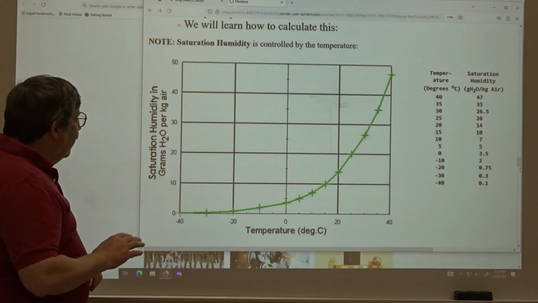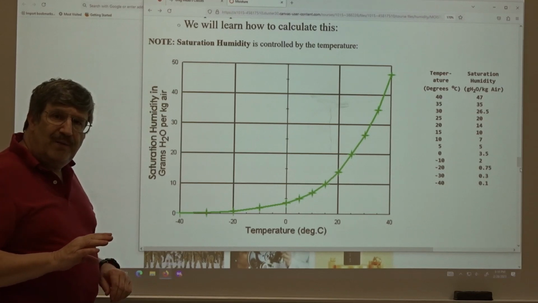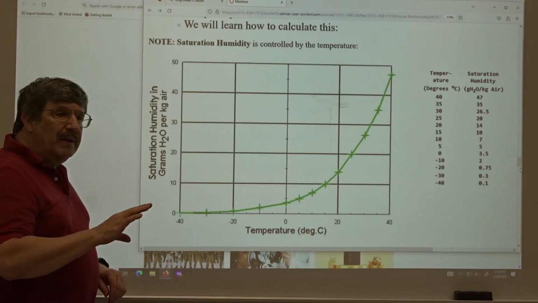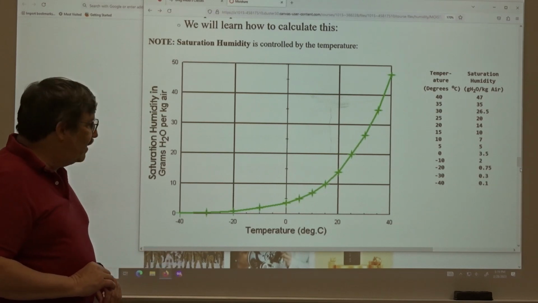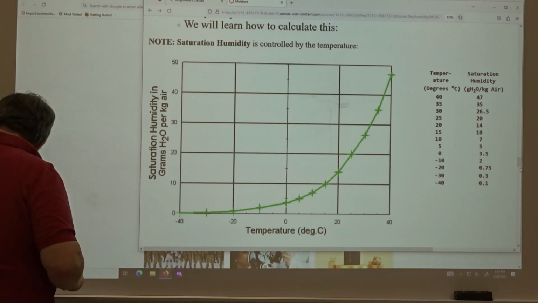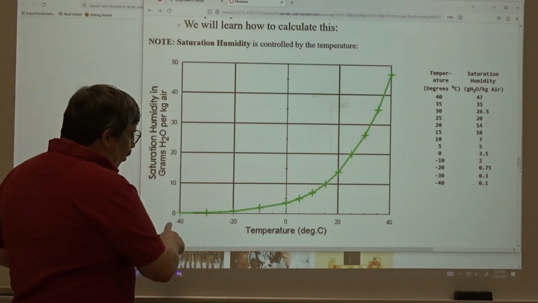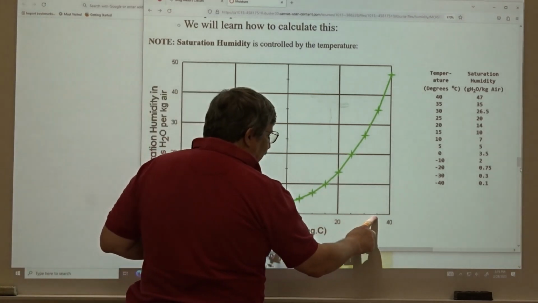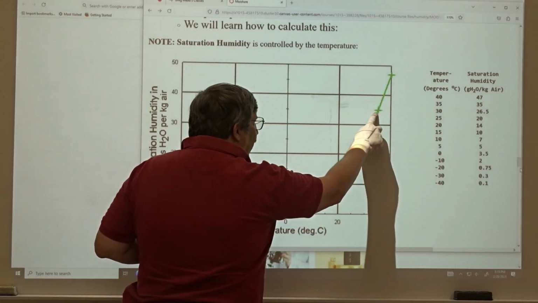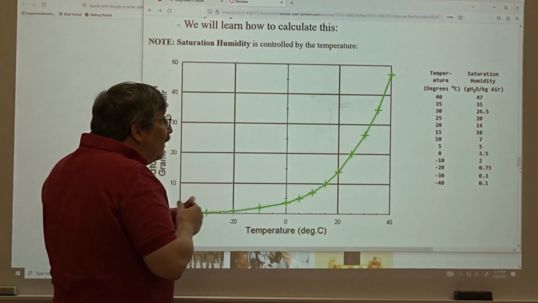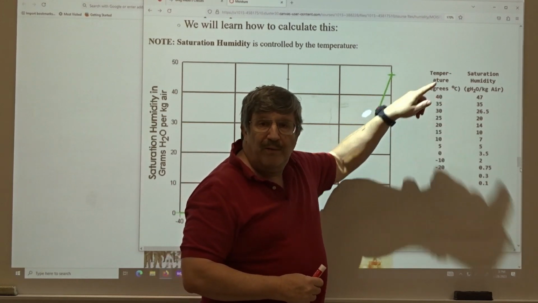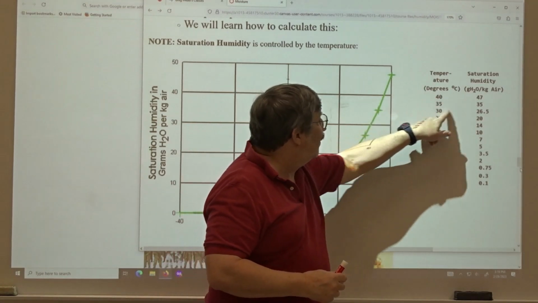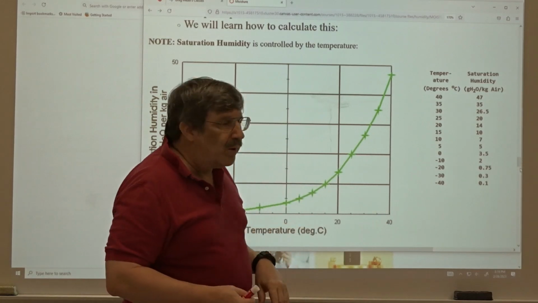On the other hand, if you're asked to figure out what the saturation specific humidity is at a given temperature, the way to read that is to go to whatever temperature you're asked about and then go up to this graph and then go over. If it's an even 5 degrees, you can actually just read off from the table. That's the easiest way to do it.